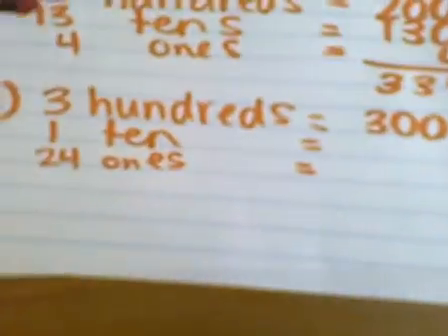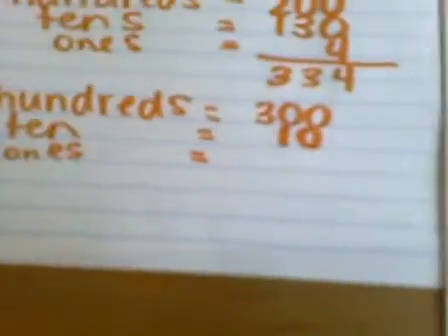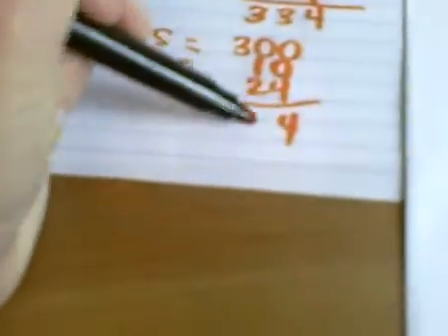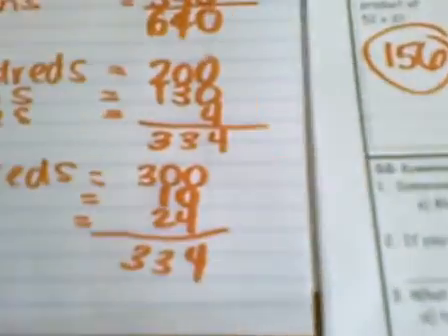Let's solve for C. C, 300s, which would equal 300. 1 ten, which would be 10. 24 ones, which would be 24. If I add all of those up, I get 334. That does match the value that I'm looking for, so C is another possible answer choice.